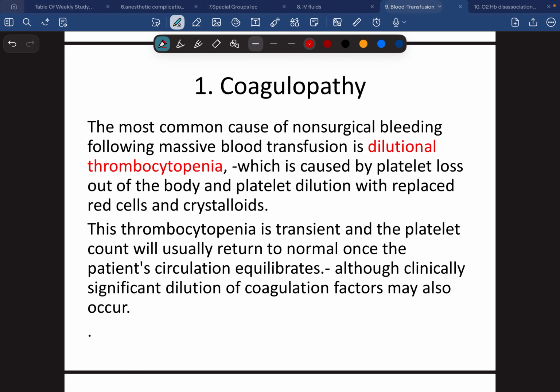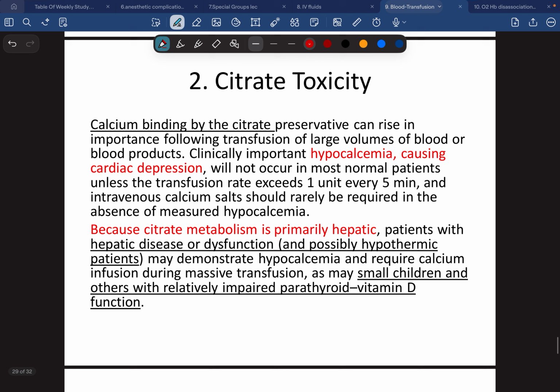Citrate toxicity. Where does this citrate come from with blood transfusion? It's the preservative within the packed RBC bags. Once it gets in, it attaches to the calcium. Usually it's mainly metabolized by the liver, so patients with hepatic disease or dysfunction are unable to metabolize it.